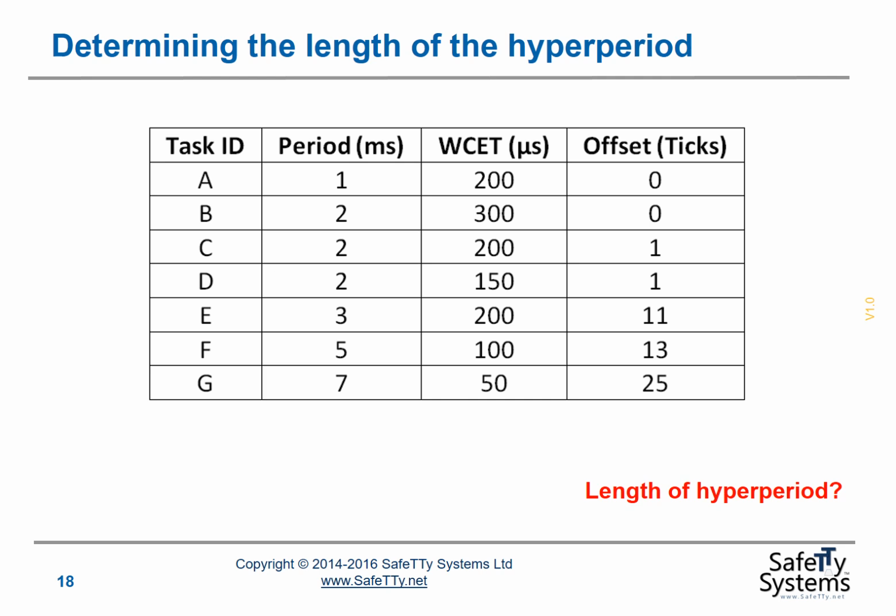So the hyperperiod is 210 milliseconds in this example. If you want to find out how that's calculated, please take a look at the ERES2 book, chapter 11.